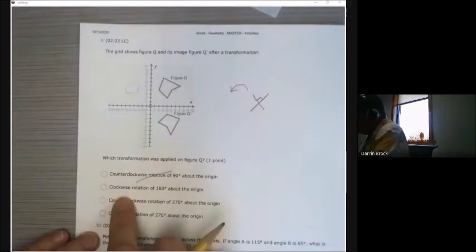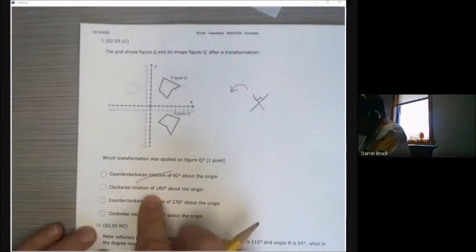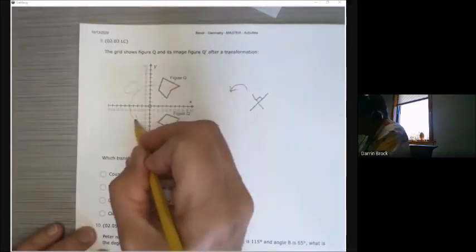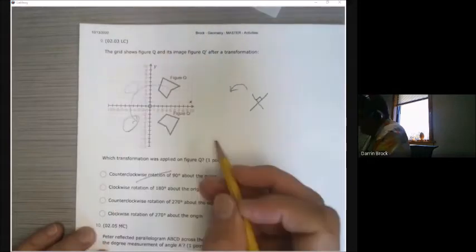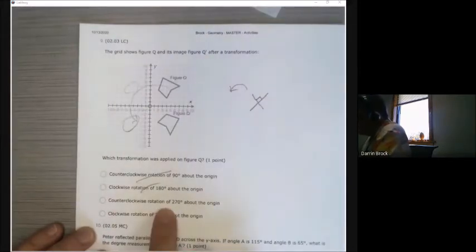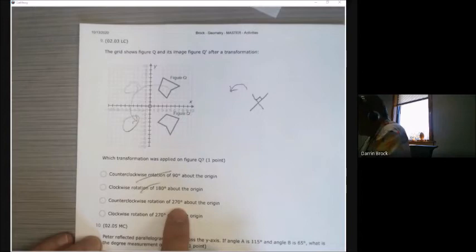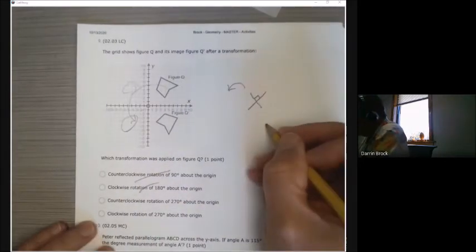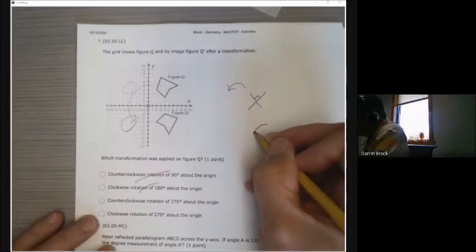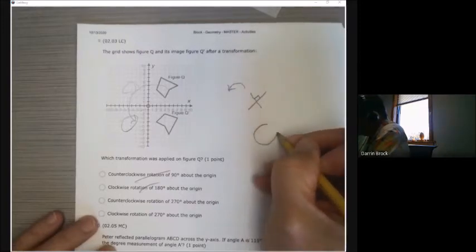How about a clockwise rotation of 180 degrees? That's halfway around the circle. It's going to be down here somewhere. Counterclockwise rotation of 270 degrees around the origin, or a clockwise of 270. So 270 is, let's see, just think about it. If you're starting here, 90, 180, 270.